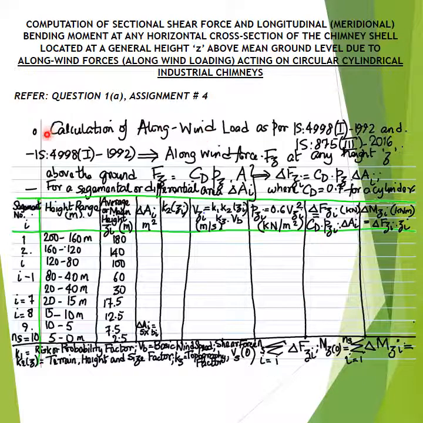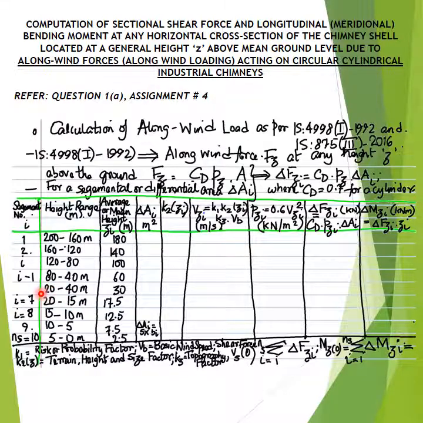As one can note from the table presented in the current slide, the total height or the overall physical height of the chimney, that is 200 meters, is subdivided into 10 ranges, the subdivision being based on the non-linearity of the distribution of the design wind pressure over the height from the mean ground level.